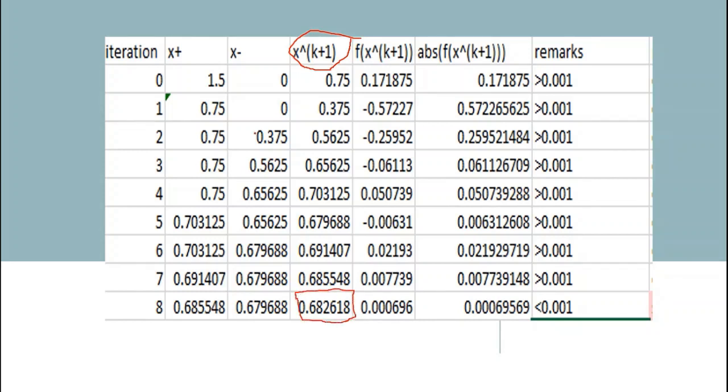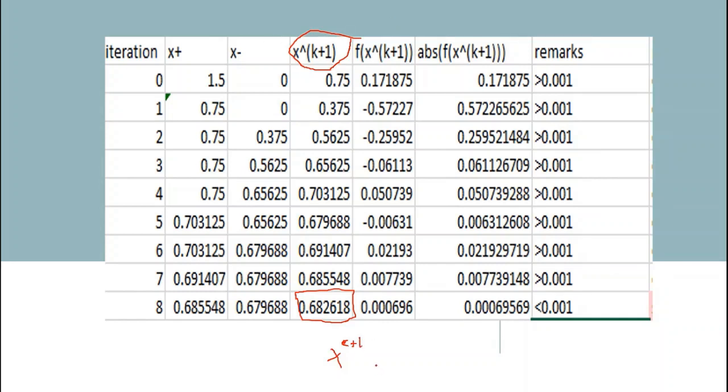As for which iteration it turns out to be, take note that we started at 0. So, if we count, this will be our 1, 2, 3, 4, 5, 6, 7, 8, 9. So, we ended at the 9th iteration. So, basically, we have here a formula of k plus 1.